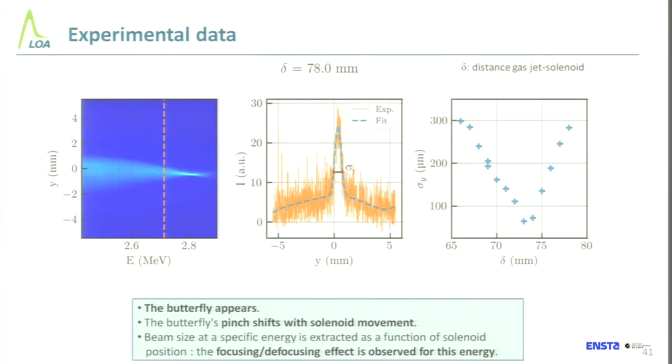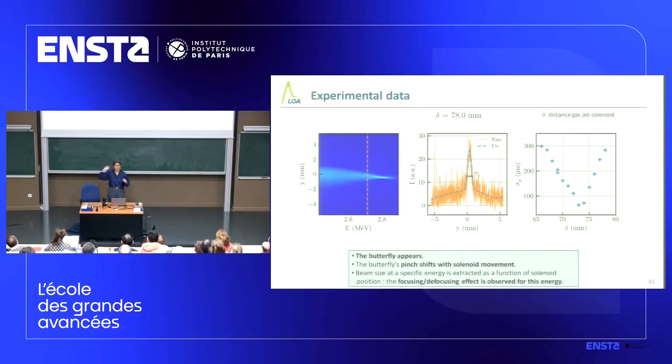Now for the experimental data. So I will show you the experimental data. Here on the left, you have a picture of the screen. So you see the butterfly, and in orange, it's the energy that we choose to evaluate. So you have here in orange the line out of the energy, and we measure the transverse size of the electron beam for this specific energy.